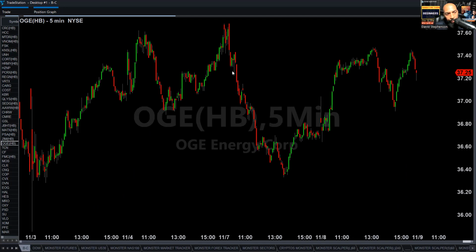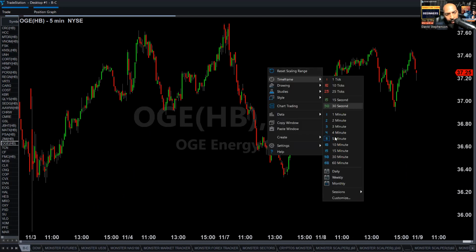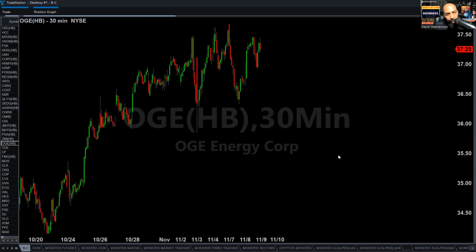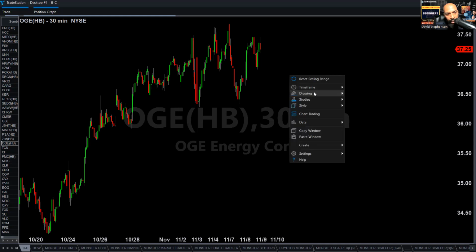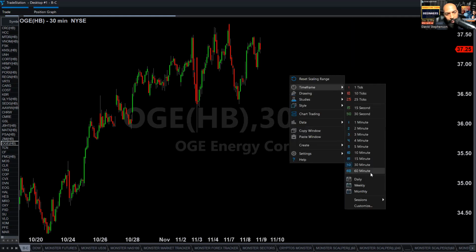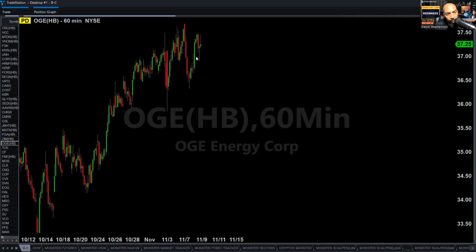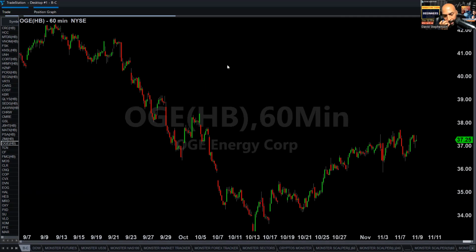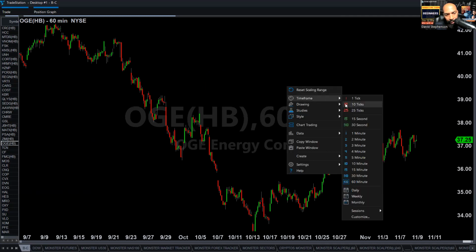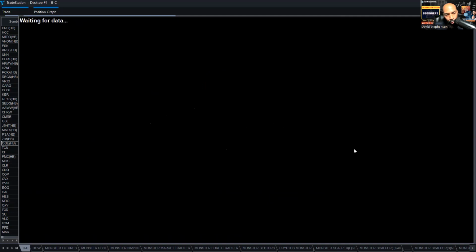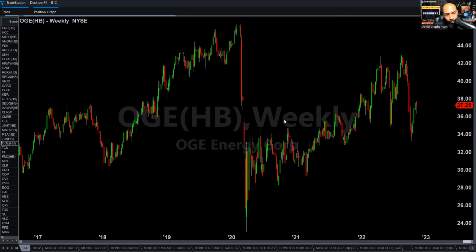Every candle, open to close, is 5 minutes. 30 minutes slows it even a bit more, you can see it in the price action. 60 minute slows it further, every candle is an hour worth of price data, and so forth. If we go to a weekly time frame, every candle is 1 week worth of data.